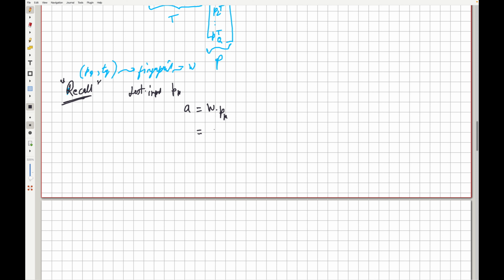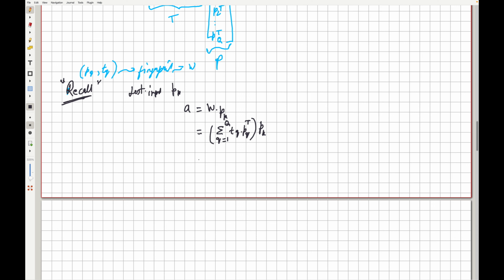So we could say that sigma q equal to 1 to uppercase Q, pq pq transpose, and then we have the pk out there.